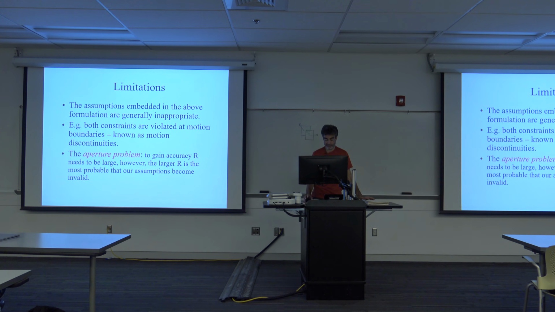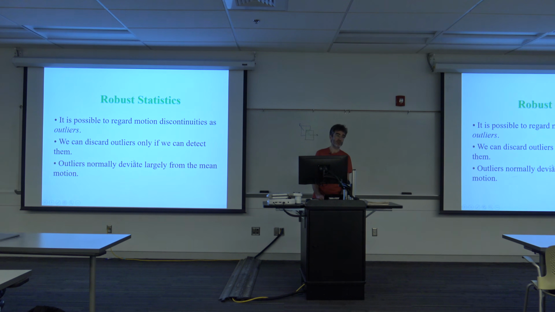Now, excuse me, this is called the aperture problem, okay? Now, one solution to this is to use robust statistics, which we have already introduced before, okay? So let's see how we can change our basic least squares formulation of the function f of x equals x squared, for something else, as we have mentioned before, in order to try to eliminate outliers.